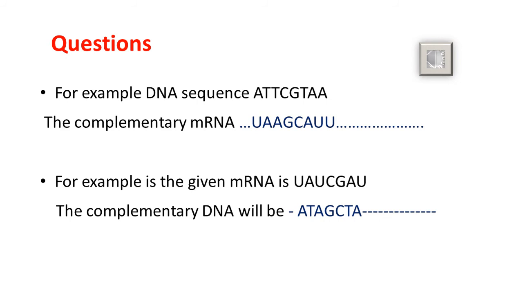A takes T, U takes A, C takes G, G takes C, A takes T, U takes A. So, the complementary DNA will be A, T, A, G, C, T, A.